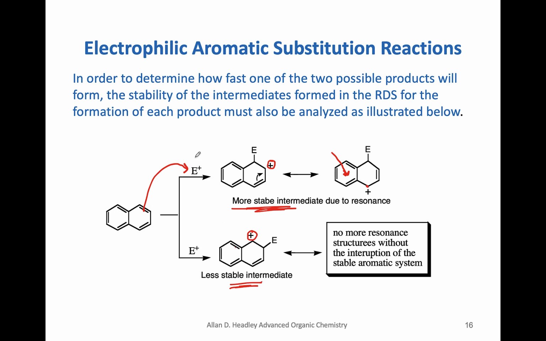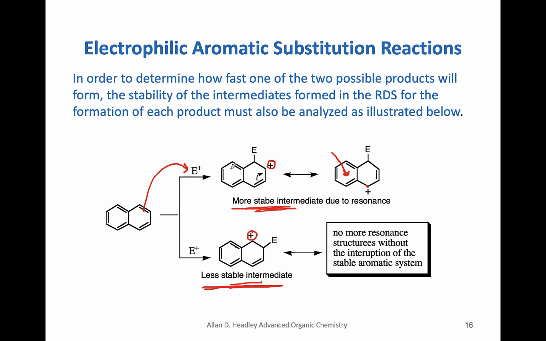So once again, what's the importance? Since this is the rate determining step, remember the rate determining step determines the overall rate of the reaction. If the rate determining step has a high activation barrier, it is slow. If the rate determining step has a barrier forming a less stable intermediate, more energy is required, so hence a slow reaction.